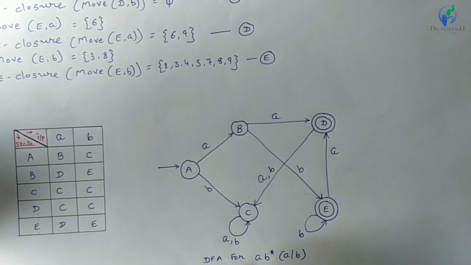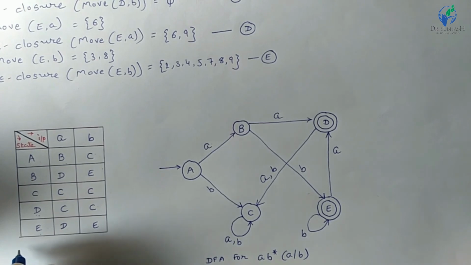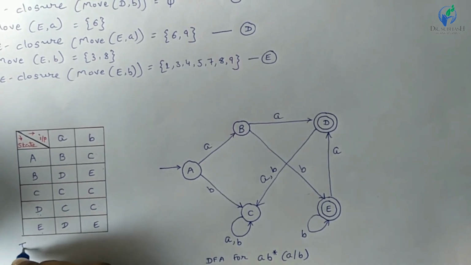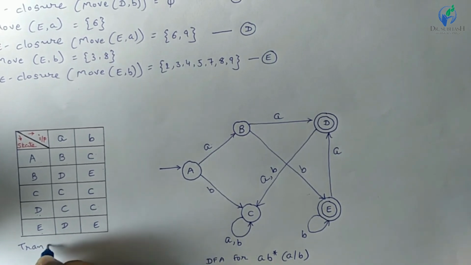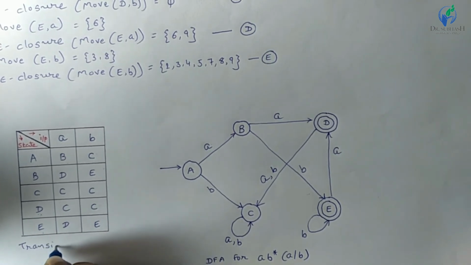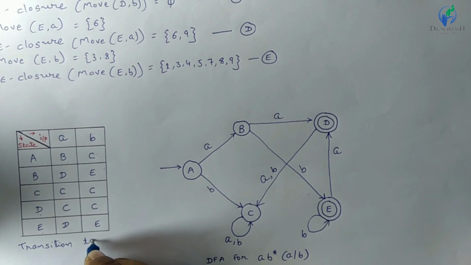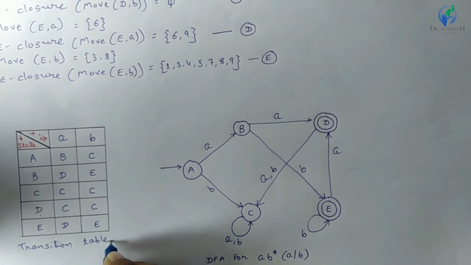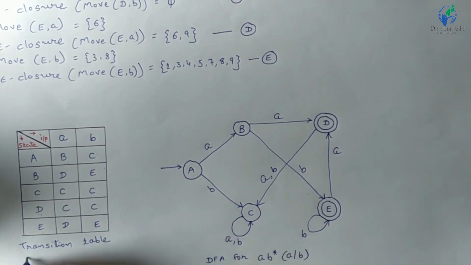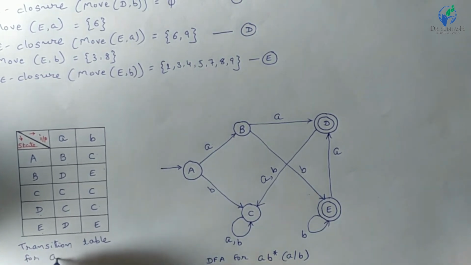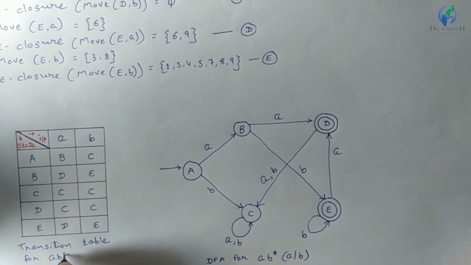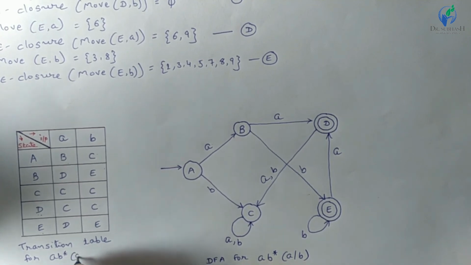And this table is your transition table for (A, B)* (A or B). It's also known as the state transition table, and the state transition diagram too.